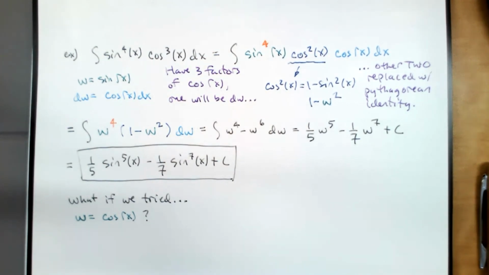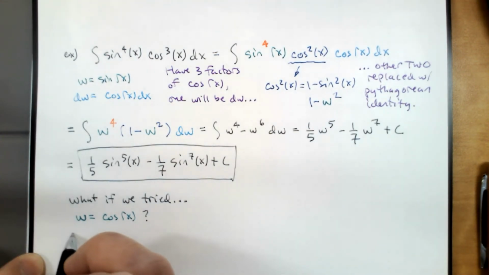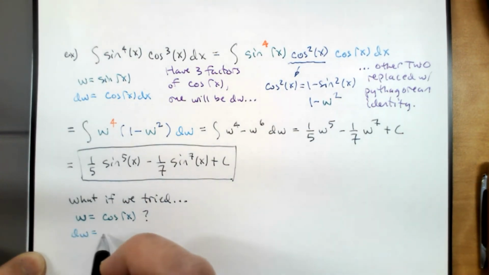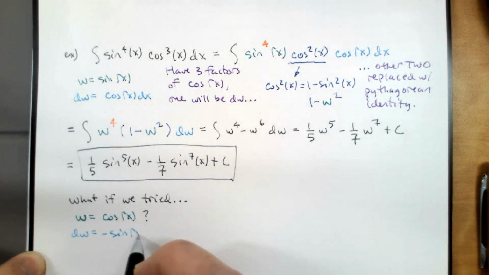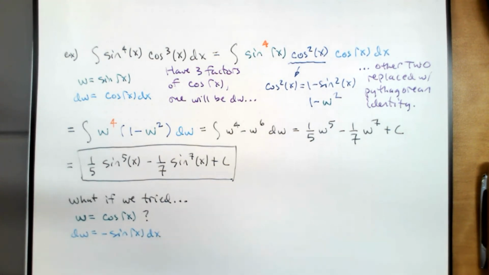What if we tried w equals cosine x? If w is equal to cosine x, what do we need for our dw? If w is equal to cosine x, then dw is minus sine x.